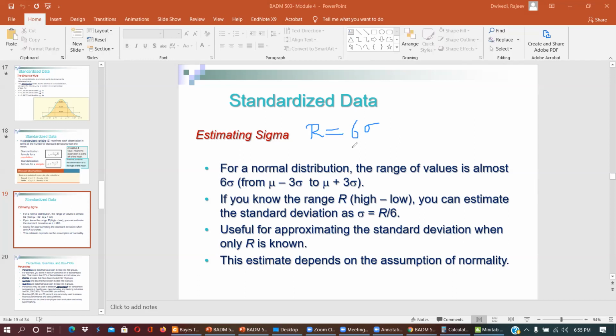So what is the sigma value? If you want to calculate the sigma value, you can do this range divided by 6. How can you get the range? Highest value minus lowest value, divided by 6, you get the sigma value.